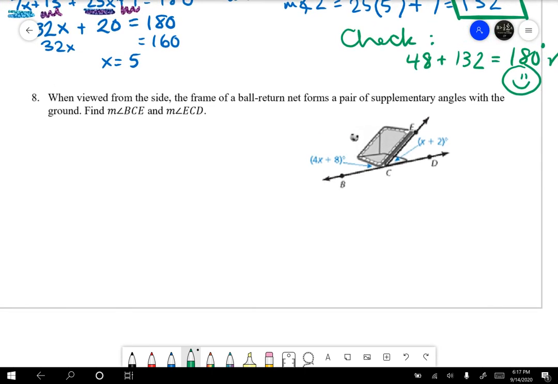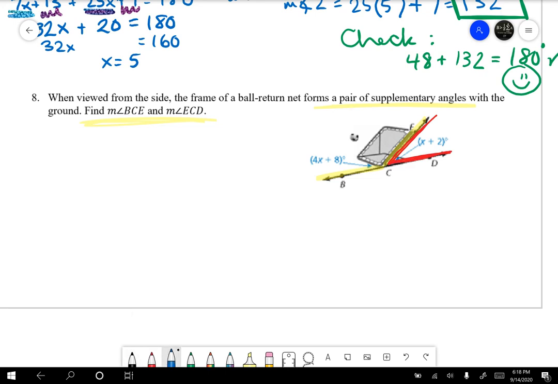When viewed from the side, the frame of a ball return net forms a pair of supplementary angles with the ground. Find BCE and ECD. So here's BCE and here's ECD. So I have those two.